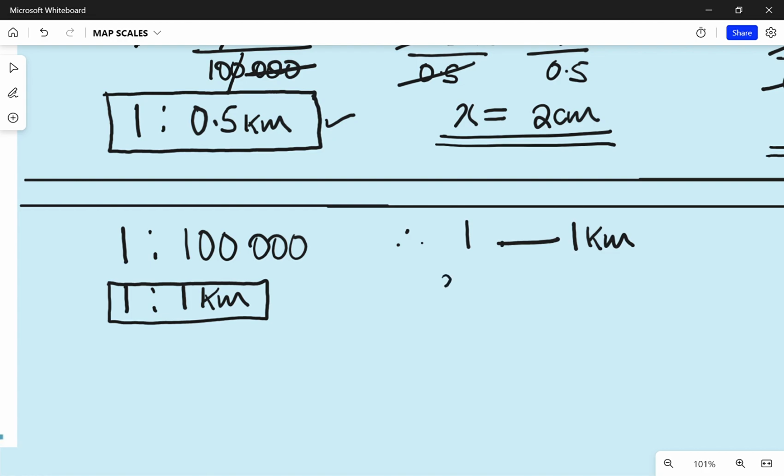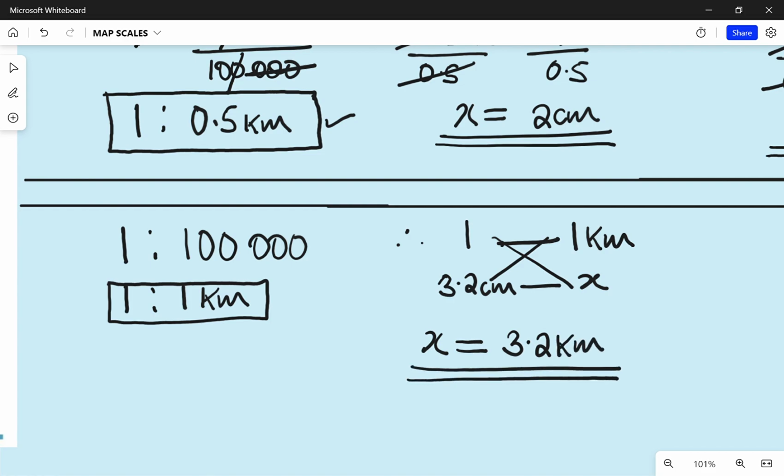What about 3.2 centimeters? This is equivalent to x, which I don't know. So x is going to give me 3.2 kilometers. And that is my solution. 3.2 kilometers.